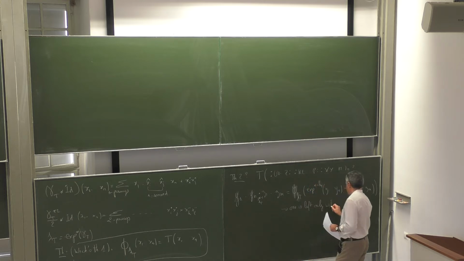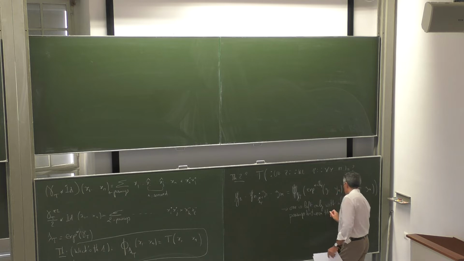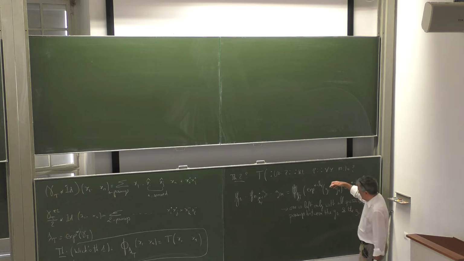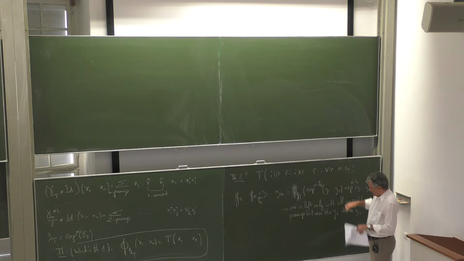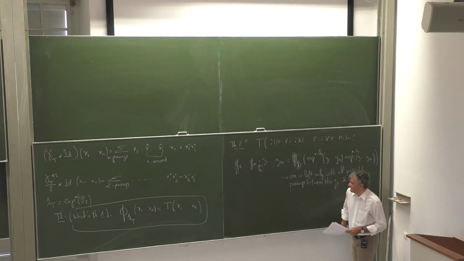pairings between the y's and the z's. So there are no internal pairings remaining between the y's and between the z's, which is exactly the way the theorem is stated in Wick already.